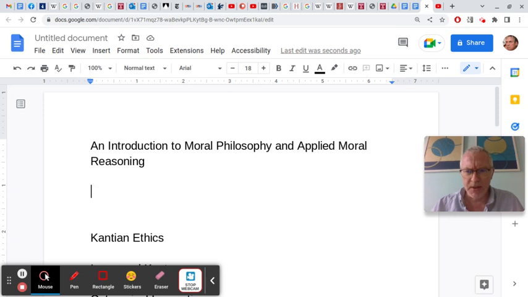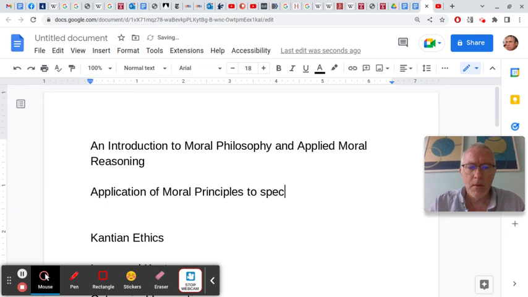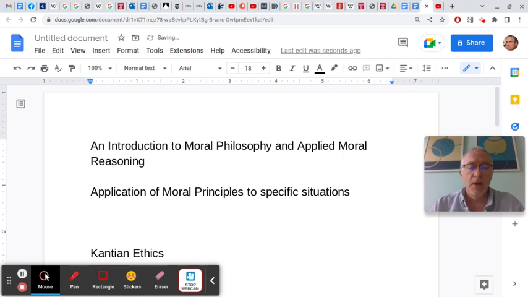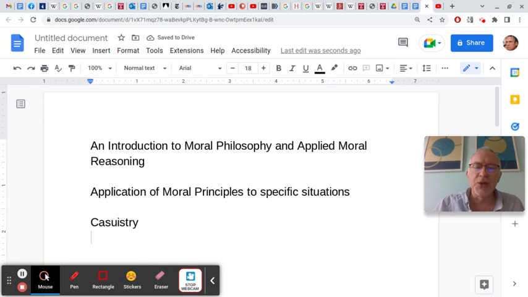But I would say that the most central thing in moral reasoning is the application of moral principles to specific situations, otherwise known as casuistry, in the history of moral thought, especially Catholic moral thought, but especially Jesuit moral thought.